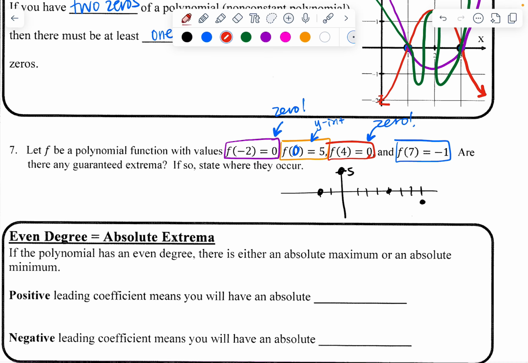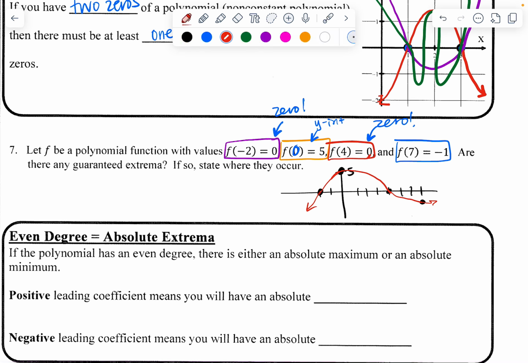So what I can see is, in order for this to work, I can see this goes through it, but in order for it to go through this as well, it's going to curve through here. That's going to go below, right? So we have to know there has to be at least one extreme. That's going to be somewhere about right here.